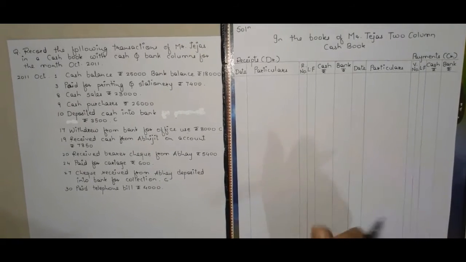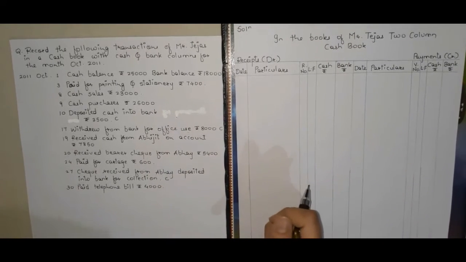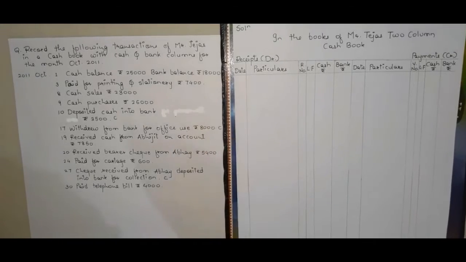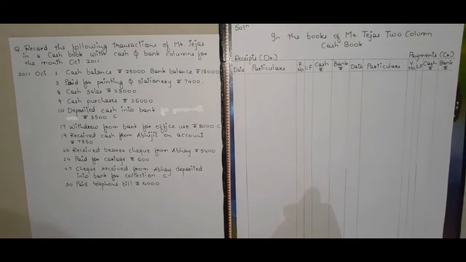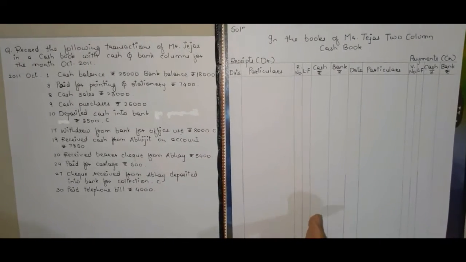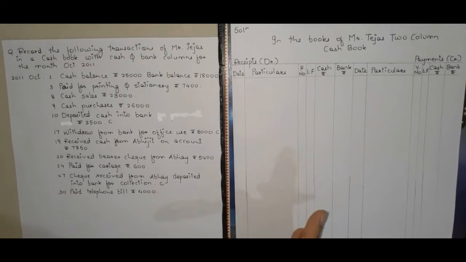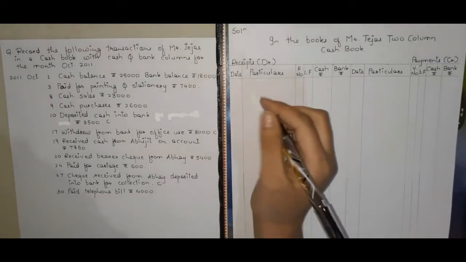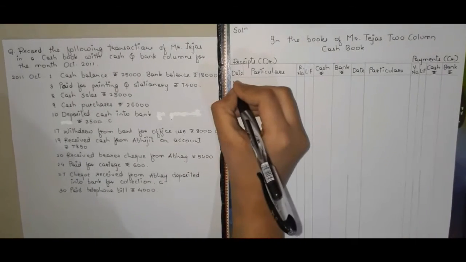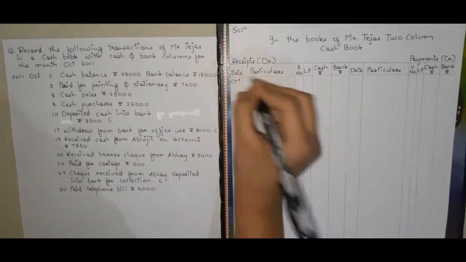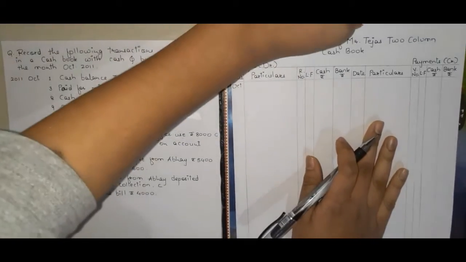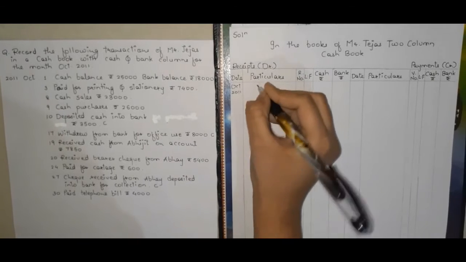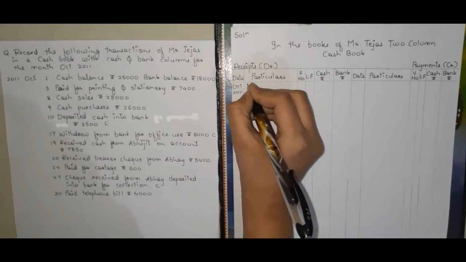Okay. So let's start. The first transaction, cash balance rupees 25,000 and bank balance rupees 18,000. Now this is the opening balance, so this is always going to appear on the debit side. So let's write here, on October 2011, to balance brought down.